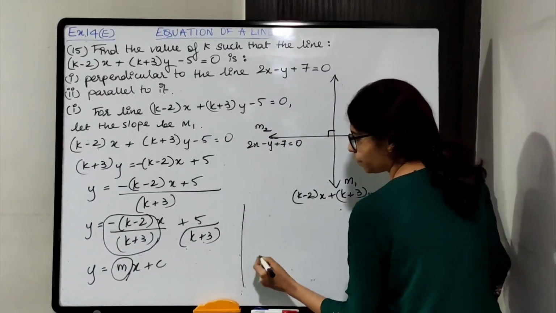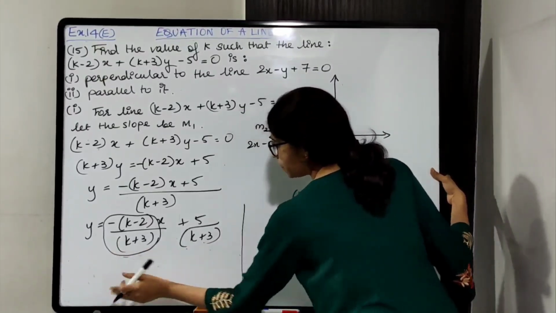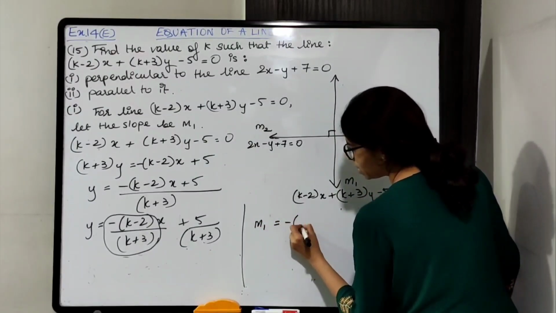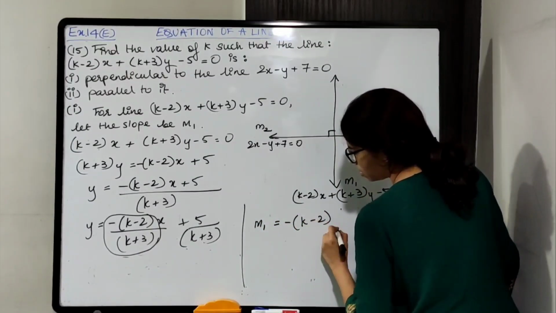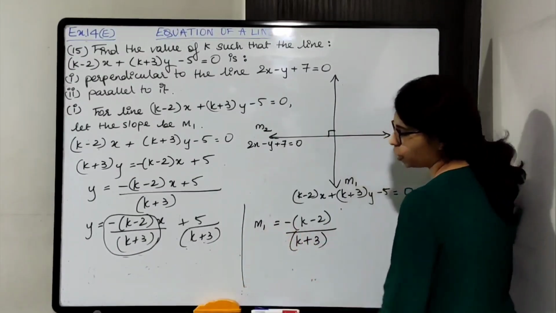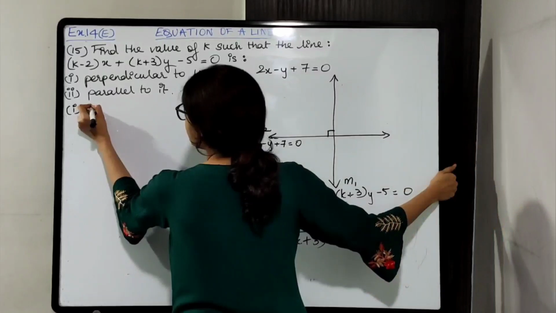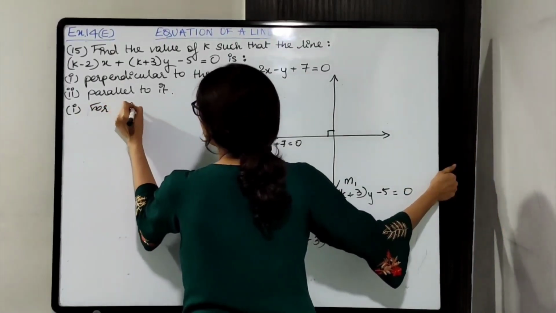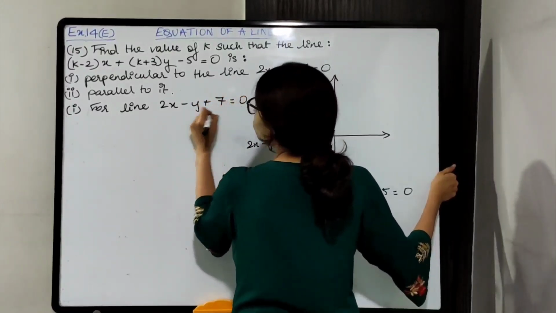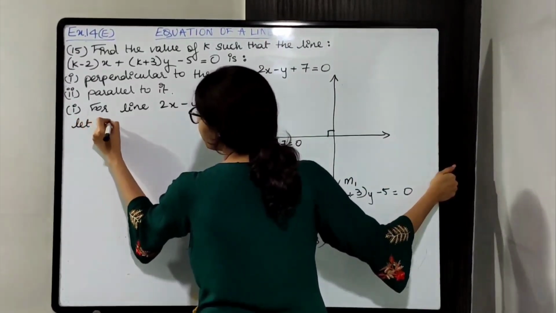So write down. m1 is equal to minus (k minus 2) the whole upon k plus 3. Okay, for the line 2x minus y plus 7 equal to 0, let the slope be m2.